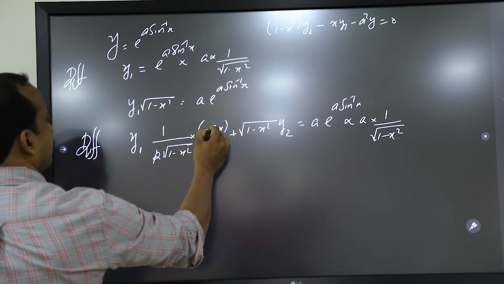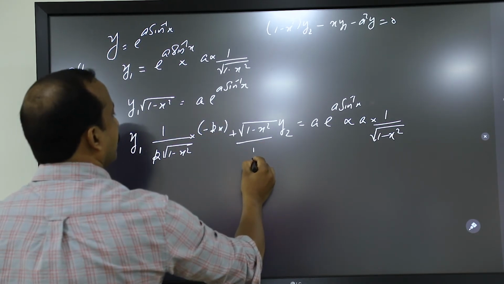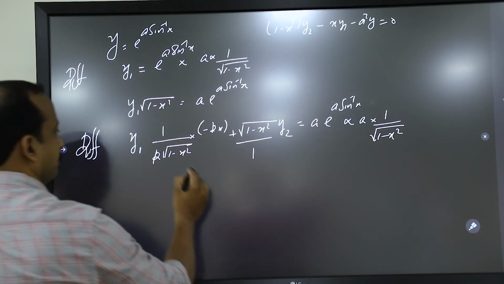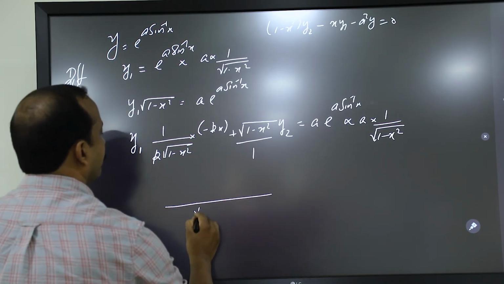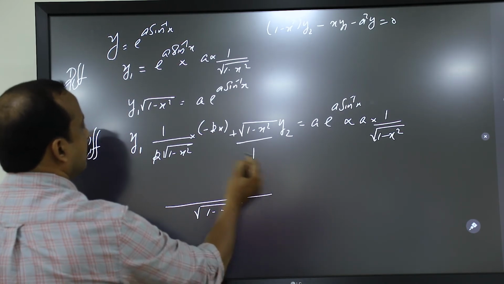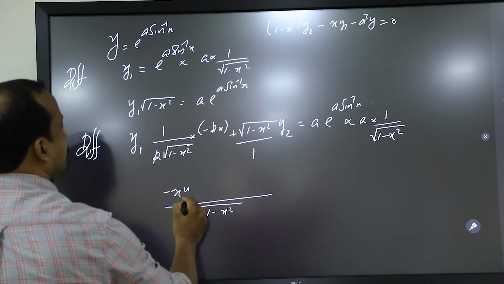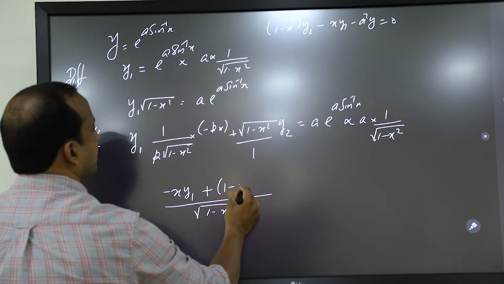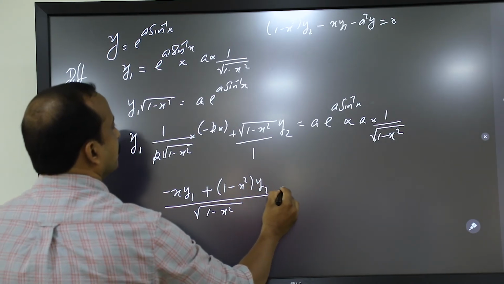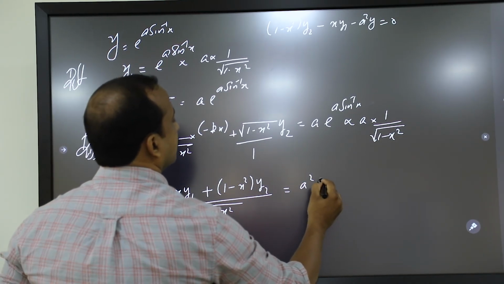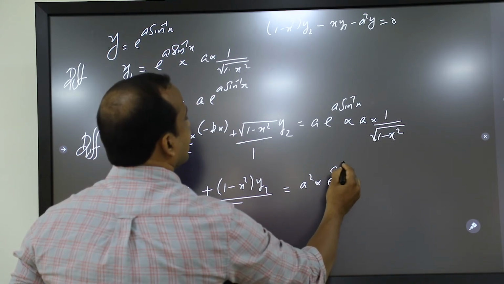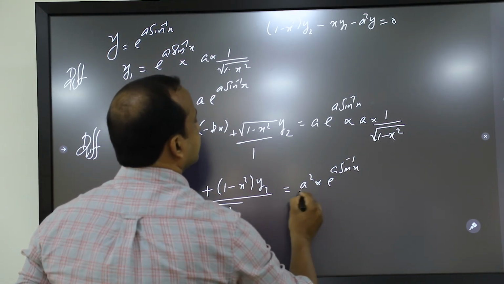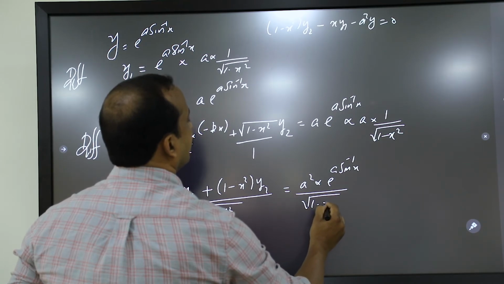Here the 2 cancels, and on the left side we find the LCM. The LCM becomes root of 1 minus x square. On cross multiplying we get minus xy1 plus this term, root of 1 minus x square whole square, that is 1 minus x square into y2, is equal to a square into e raised to a sine inverse x divided by root of 1 minus x square.